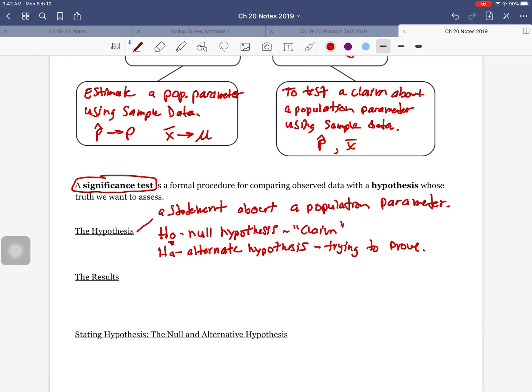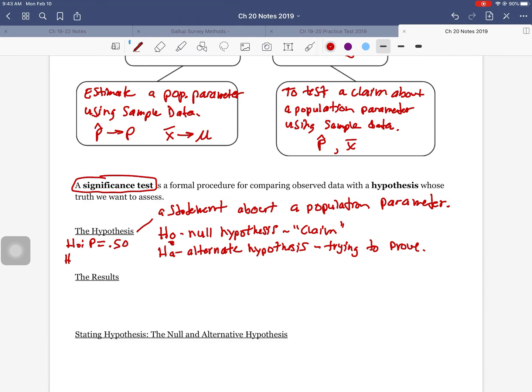So someone might say something like, the percentage of people that are going to vote for Trump in the next election is 50%. And someone else might say, you know what? I don't think it's going to be that high. I think it's going to be less than 50%. So then we would write null and alternative hypotheses based on that information. So we might say that someone thinks that 50% will vote for President Trump.